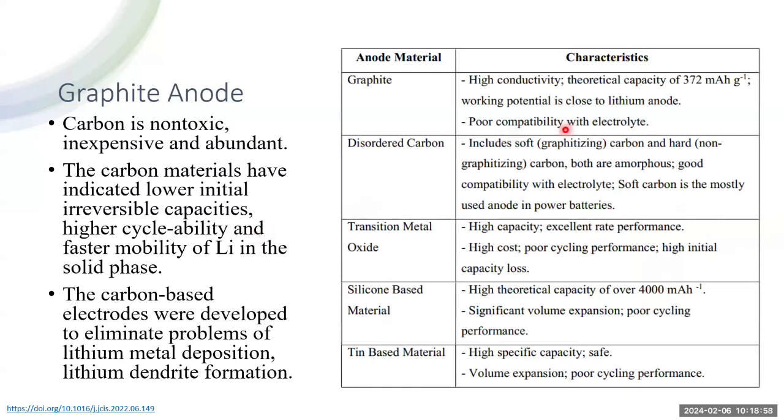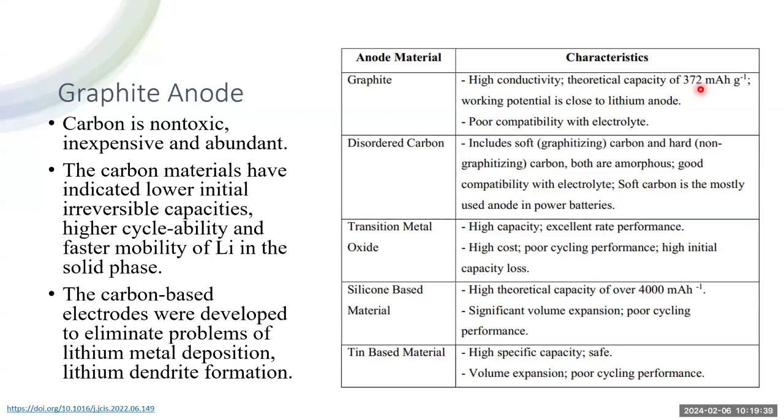If you see this chart, you can understand where graphite capacity lies and where silicon is. So graphite has high conductivity, but it has low capacity, just 372 milliampere hour per gram. To clarify what this milliampere hour per gram is, I will explain like this. If you have 1 gram of graphite, you can get 372 milliampere current for 1 hour.